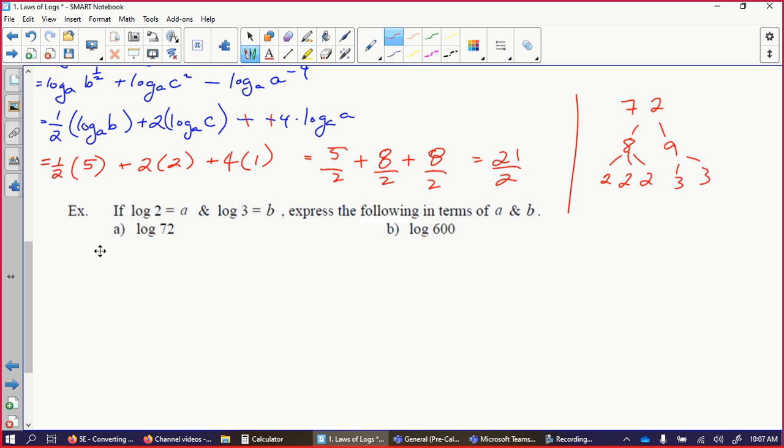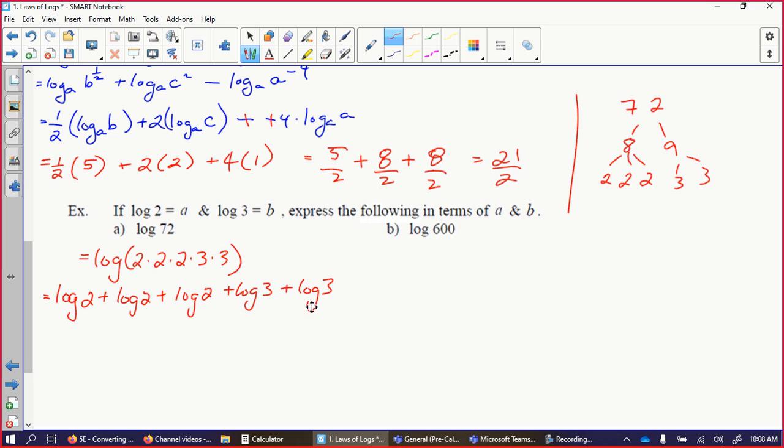So log of 72 is log of 2 times 2 times 2 times 3 times 3. Well, based on the multiplication rule, this is log of 2 plus log of 2 plus log of 2 plus log of 3 plus log of 3.